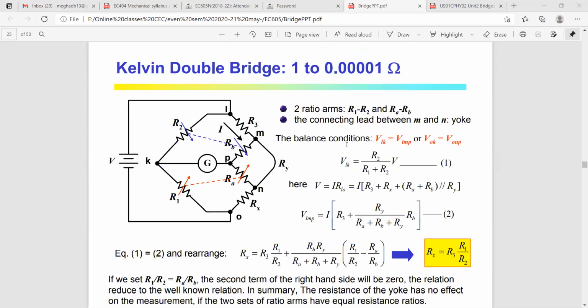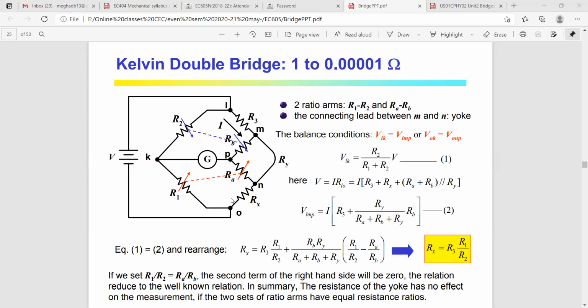Now here in the Kelvin double bridge, as you can see, it's a more specific diagram in this PPT. Again, along with the galvanometer, we have taken some unknown resistance, but in a somewhat different way. This construction is similar to the Wheatstone bridge somehow, but the only difference is that it consists of two separate arms, which you can say PM and PN.